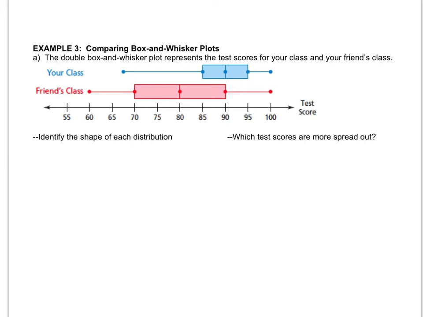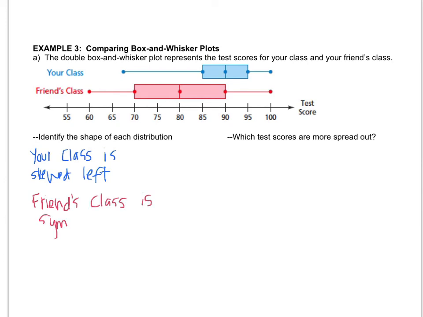The first thing that we have to do is identify the shape of each distribution. Let's say your class would be skewed left. And I'm going to get snazzy with my colors to match it with the picture. The friend's class is symmetrical.